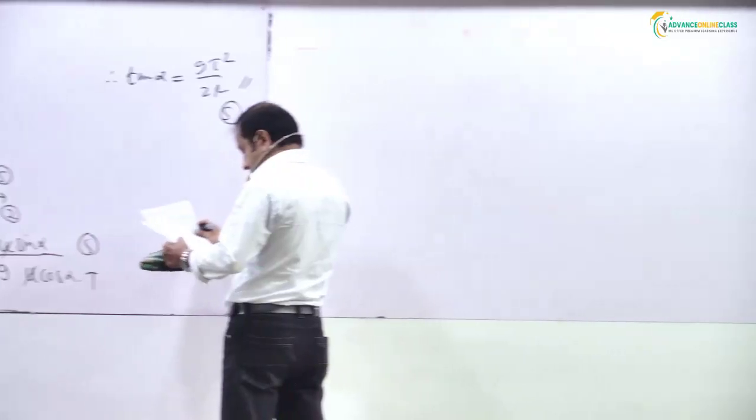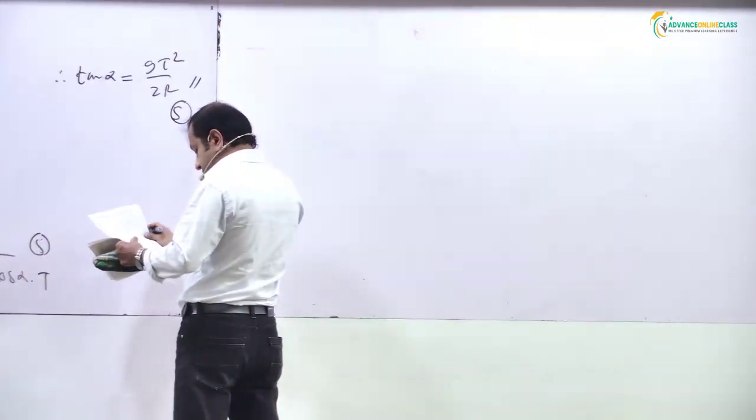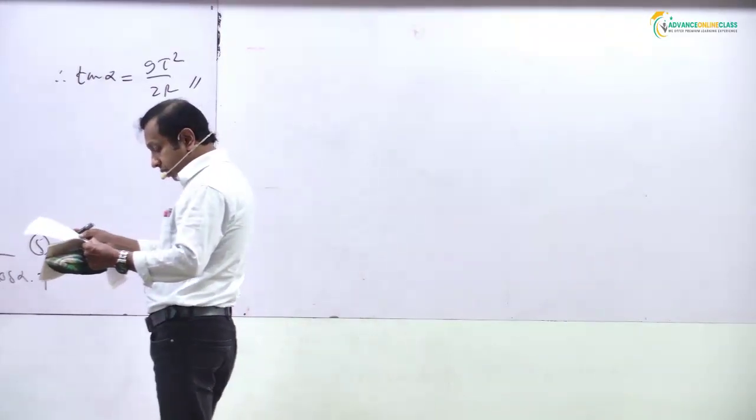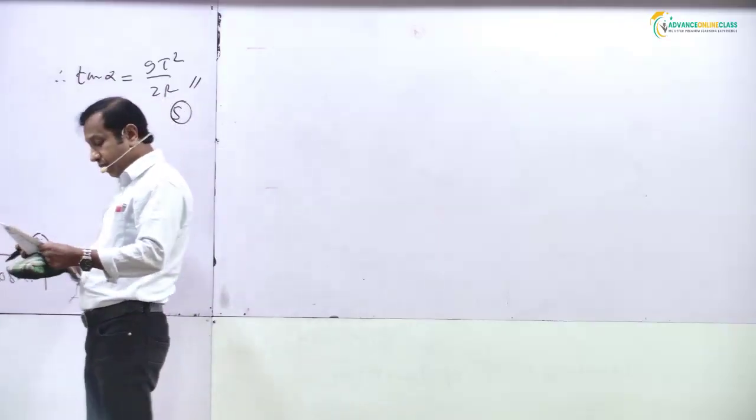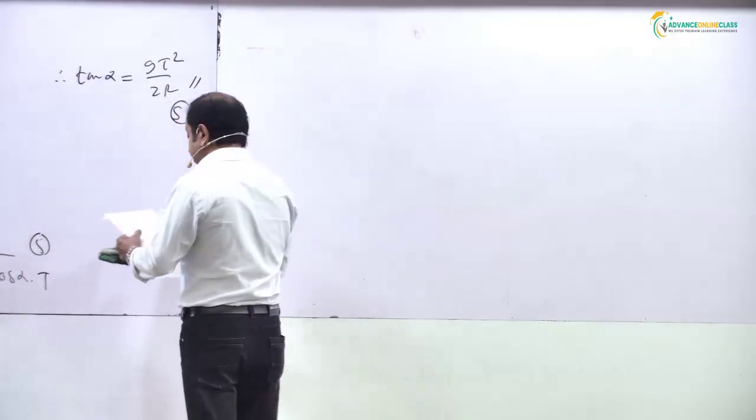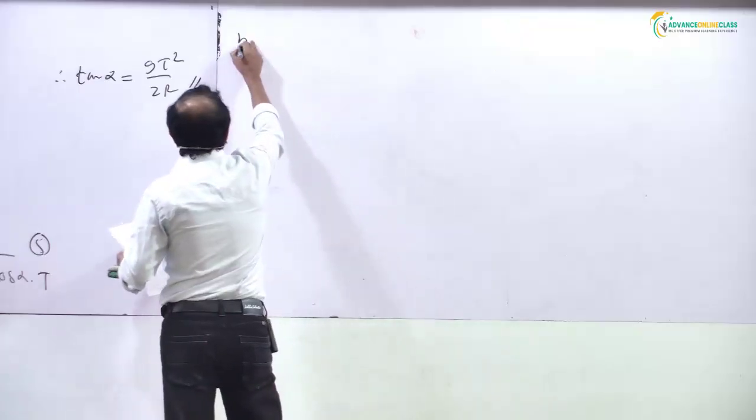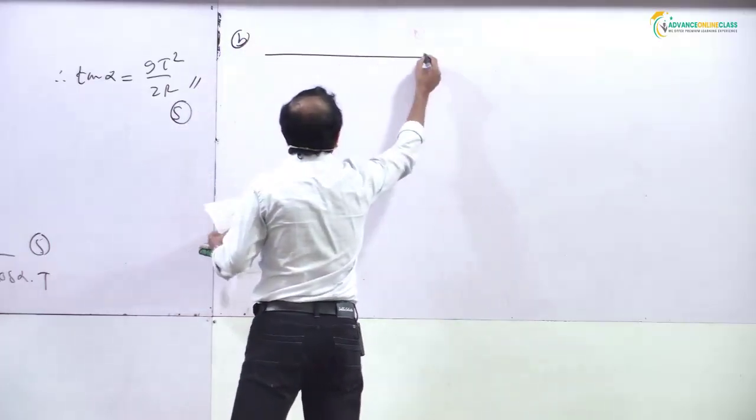Work, power, energy part. A motor car of mass 1200 kilograms moves on a level track. You read the question, no? Right. Part B. This car moves on the level track.